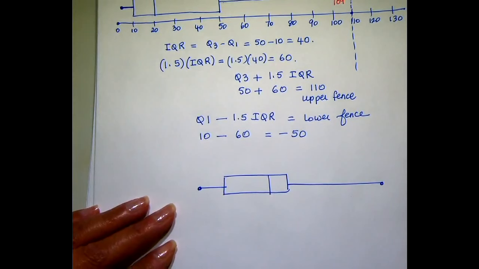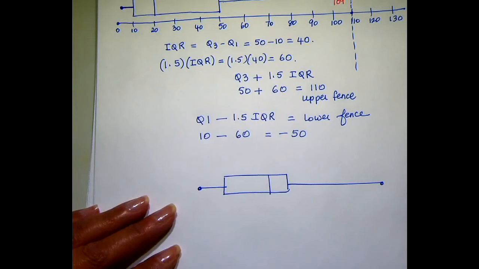Left skewed, right skewed, symmetric, what? How many say right skewed? How many say left skewed? And how many say symmetric?